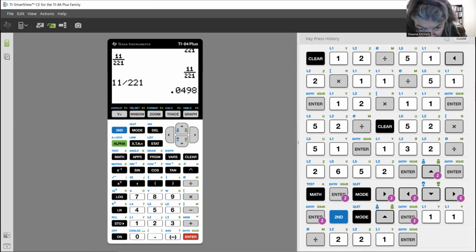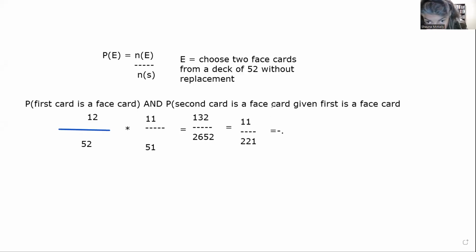So this is equal to 0.0498, which is equal to, remember, to get from the decimal to the percent, I multiply by 100, so this will be 4.98%.